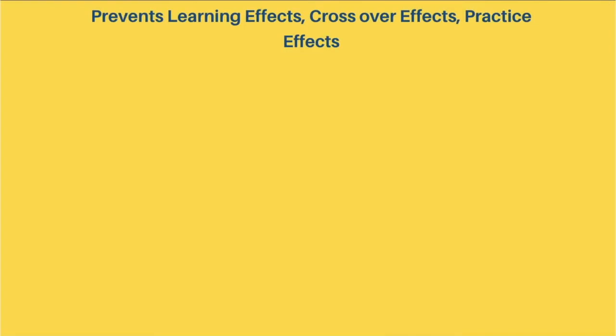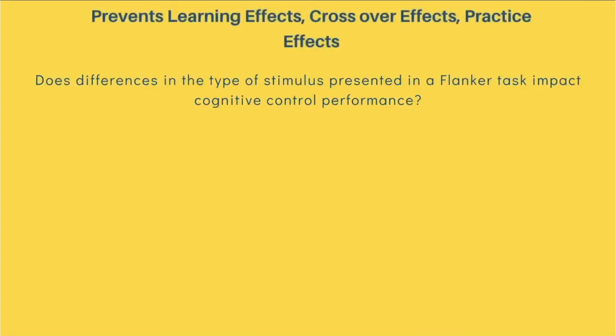The first advantage of using the between subjects design is that it prevents the effects of learning or crossover effects as well as practice effects. Let's understand this with an example. For example, we want to study if the differences in the type of stimulus presented in a cognitive paradigm called the flanker task impacts one's cognitive control performance in this particular task.